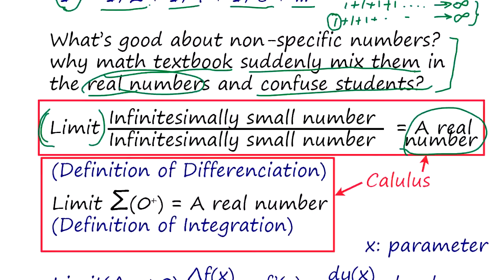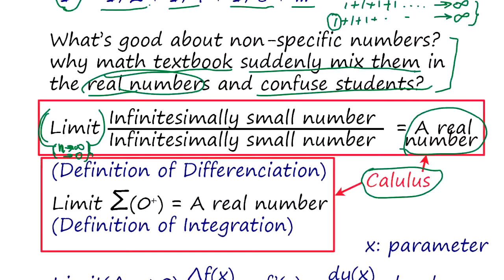Of course, we need a limit, with something going to infinity or zero, whatever. This action makes the number unspecific. It's an infinitesimal number, but the ratio, the limit of the ratio, can be a real number. This is calculus.